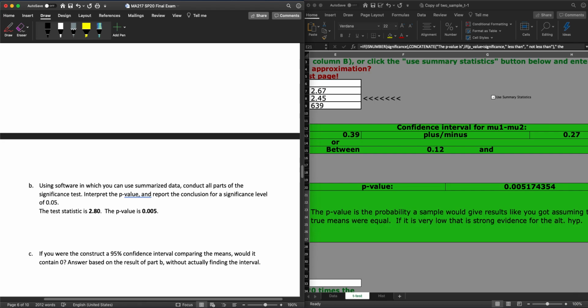So now, based upon this, since the p-value is very much less than 5% or 0.05, we are going to reject the null hypothesis.